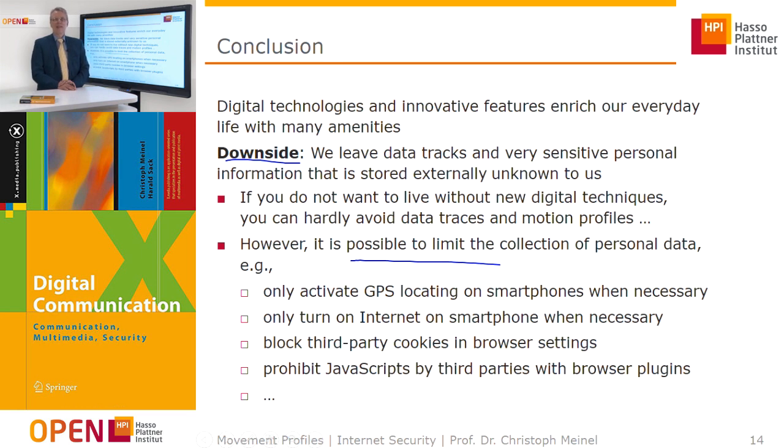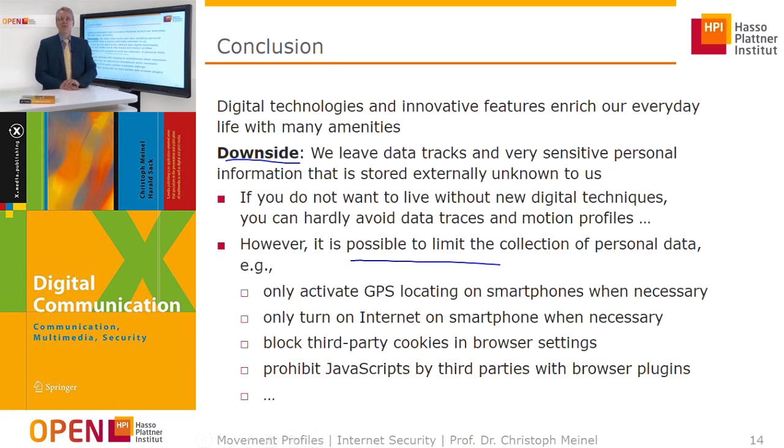Another possibility is to block third-party cookies in browser settings, or prohibit JavaScript by third parties with browser plugins. So you can make selections in most recent browsers to improve privacy, but often you have to pay with less functionality, so that the service could not provide it in the full context.